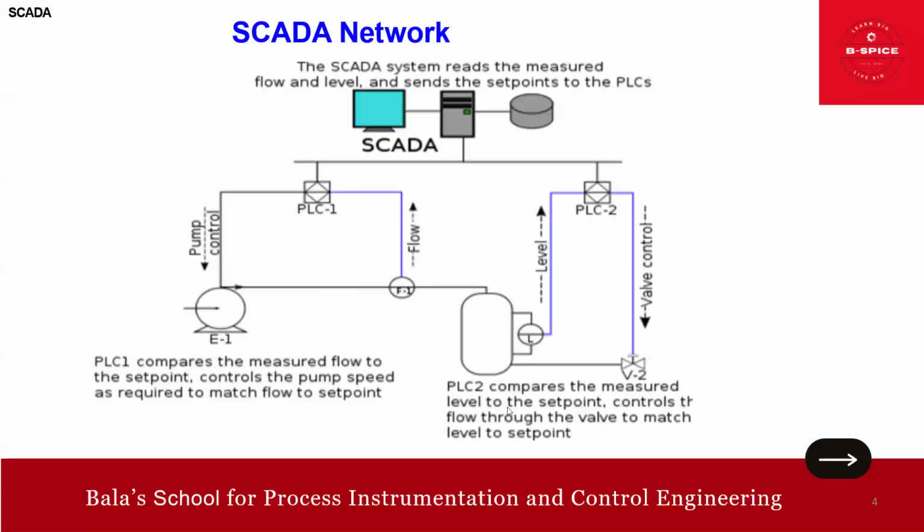And PLC2 compares the measured level to the set point and controls the flow through the valve to match the level to the set point. So this is just a simple representation of how SCADA works. We are going to go into the details also, but this is just an overview. So this is about the SCADA network.